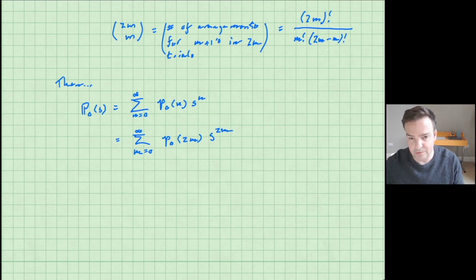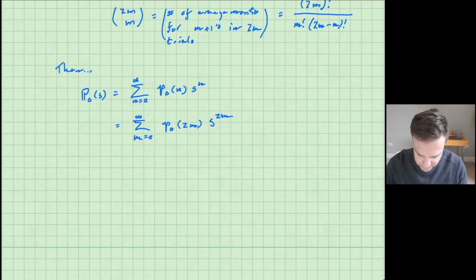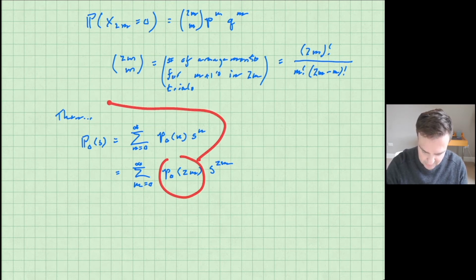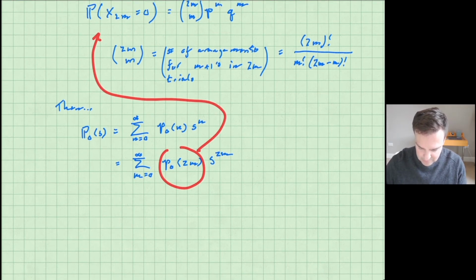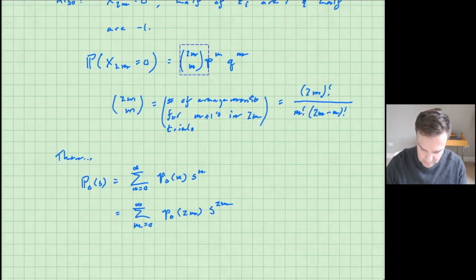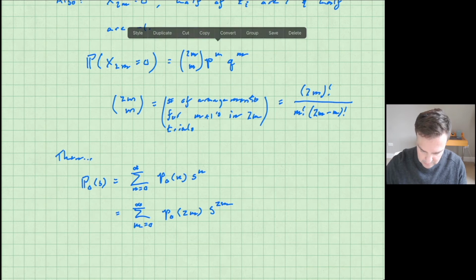Since odds don't contribute. And now we put in our result. This is precisely our result right here. This actually is this quantity, right? And so I might just take it and we'll put it in here.